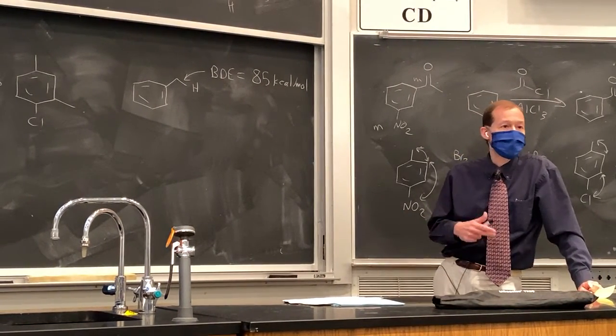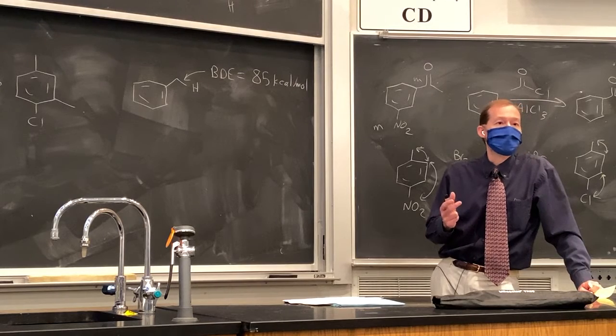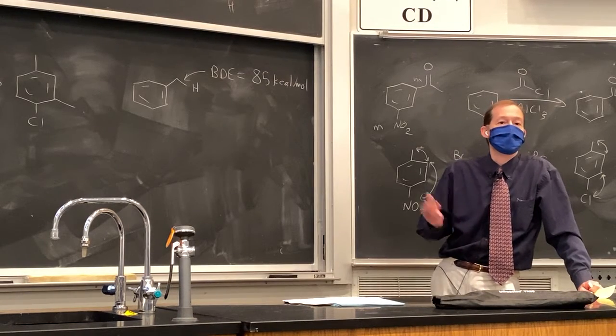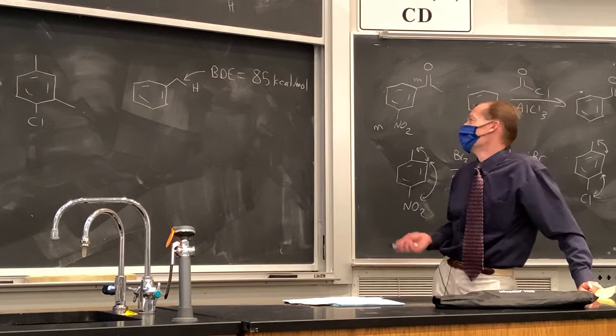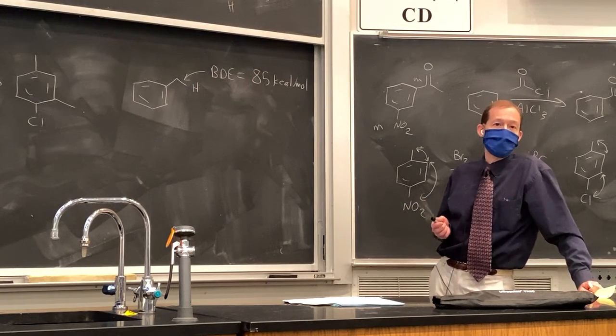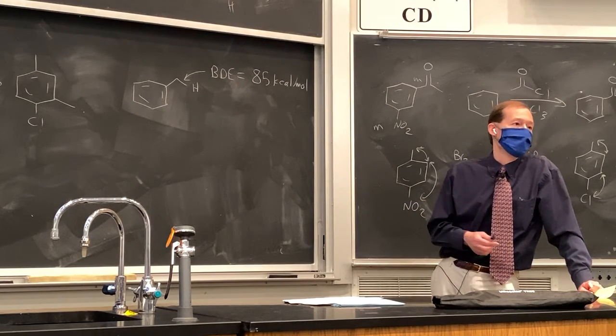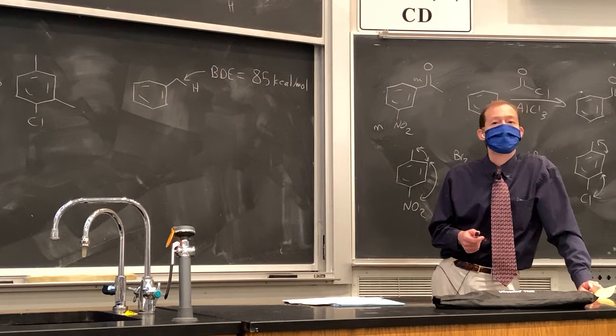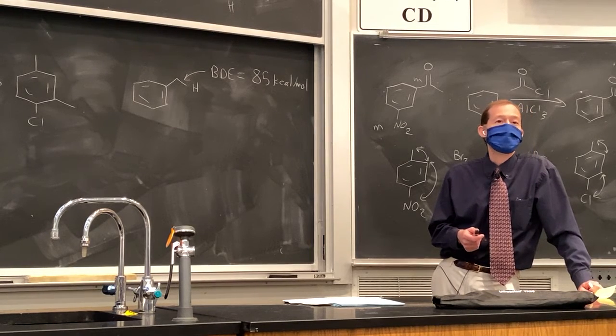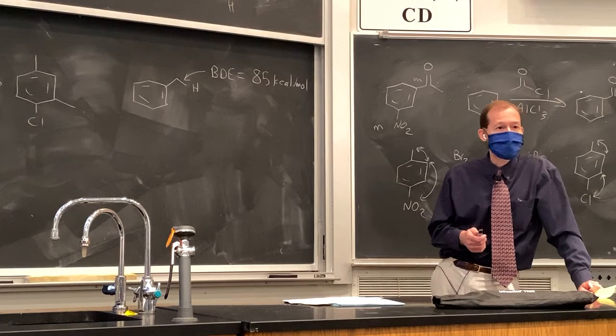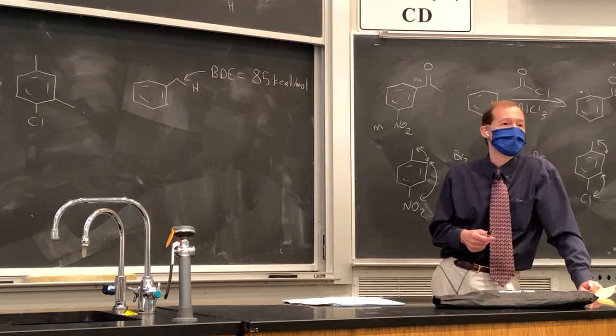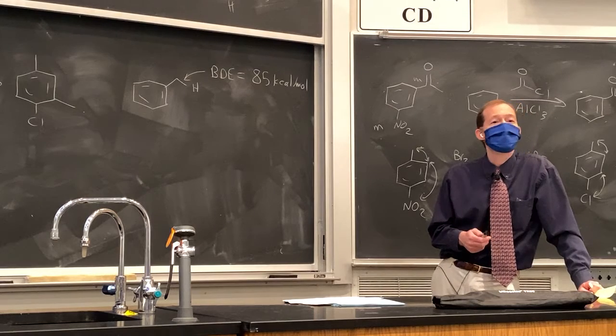And that's weaker. Most of our sp3 carbon-hydrogen sigma bonds are in the 90s. So why is this one weaker than a typical carbon-hydrogen sigma bond? Think back to chapter 15 when we talked about bond dissociation energies. We talked about allylic carbon-hydrogen bonds.